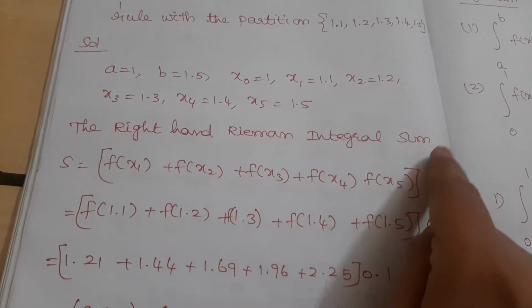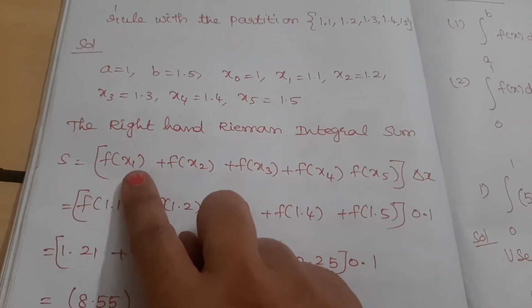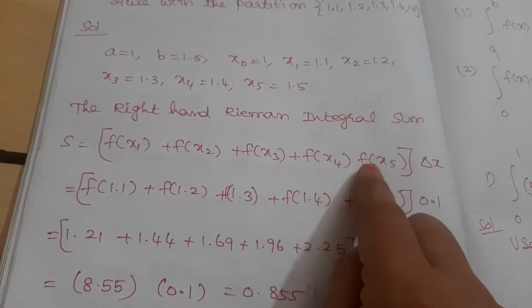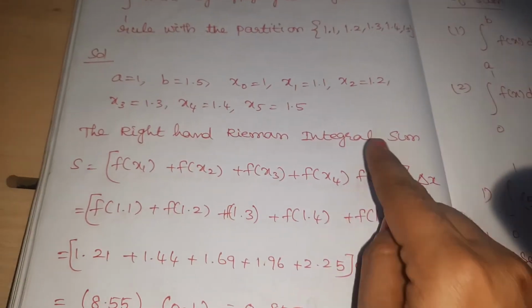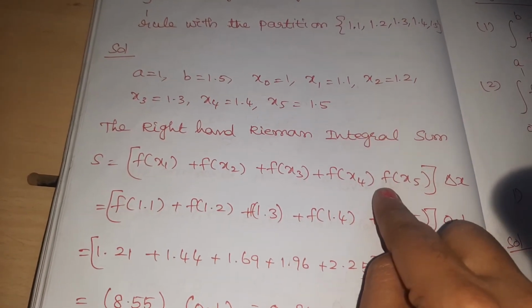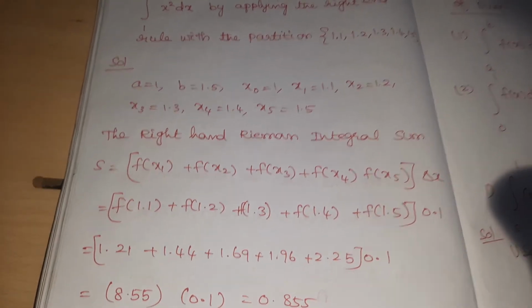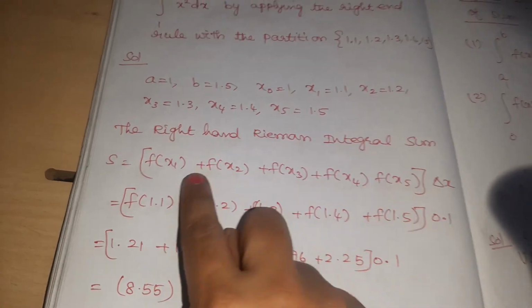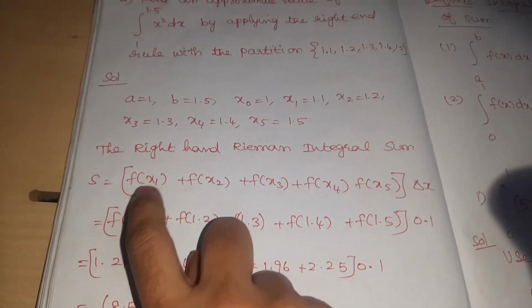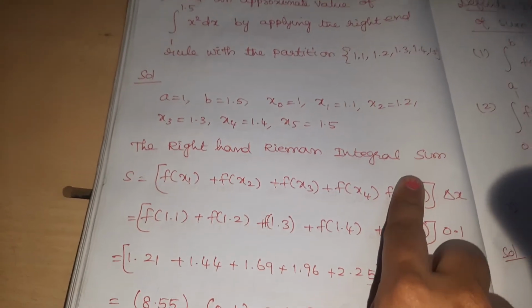The right-hand Riemann integral sum is f of x1, x2, x3, x4, x5, with plus in between. So from x5 to x1 you need to write.